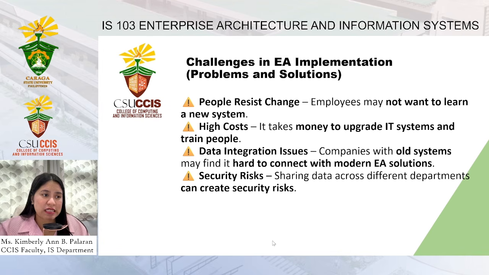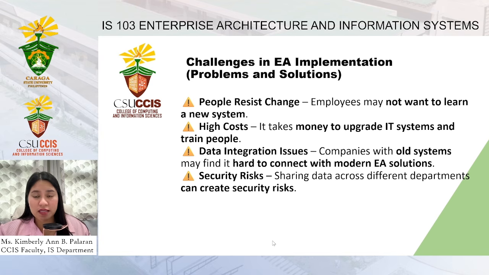First one is people resist change. Employees may not want to learn the new system, since some people nowadays don't like change because they think it is difficult, a hassle, and they fear making mistakes. Number 2 is high cost.